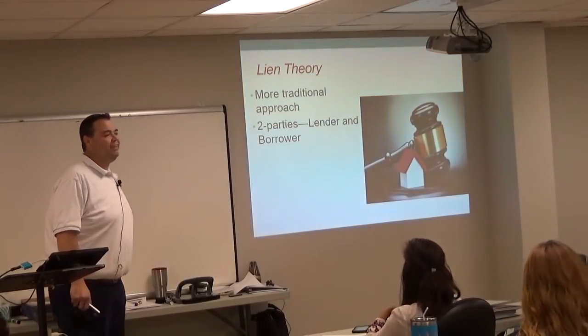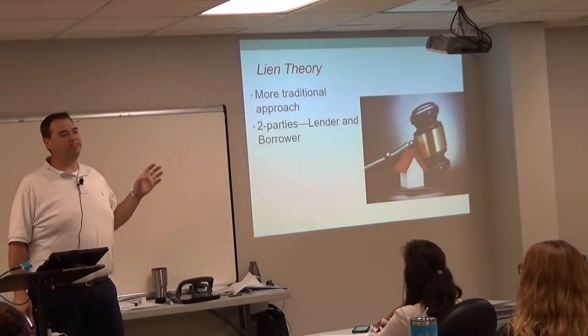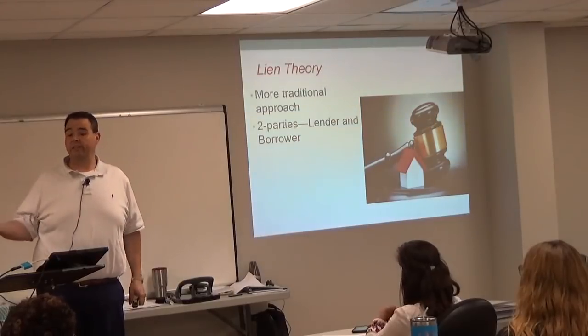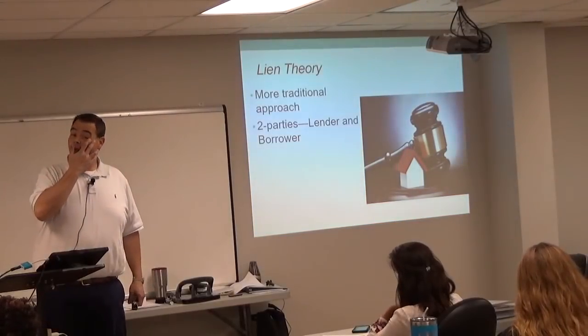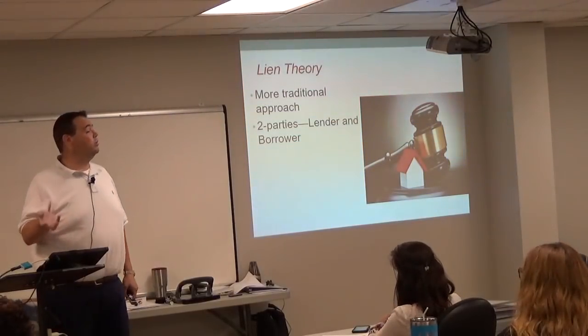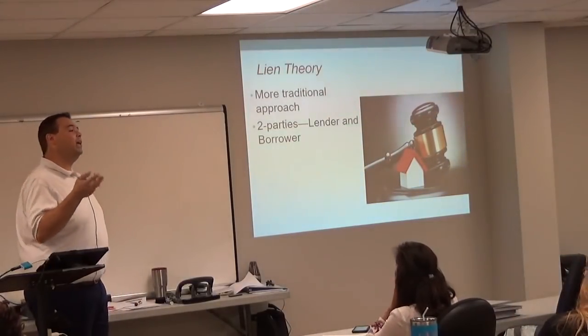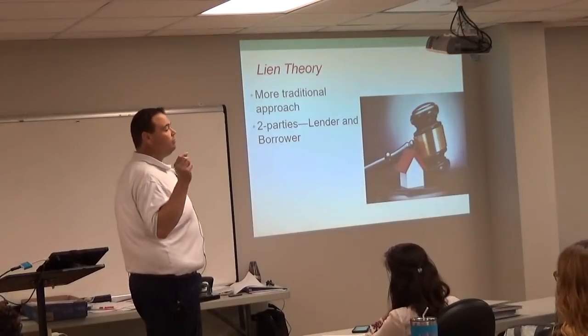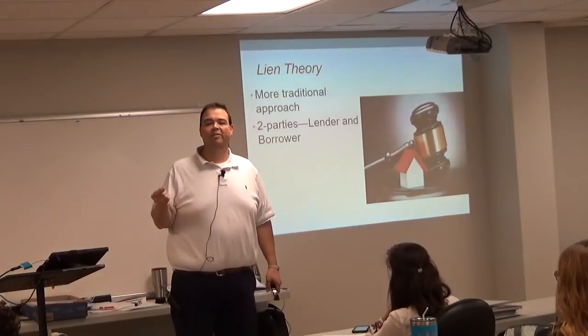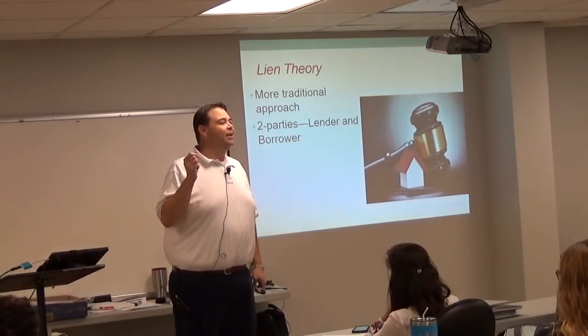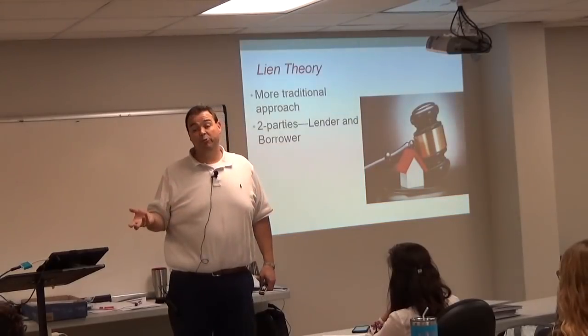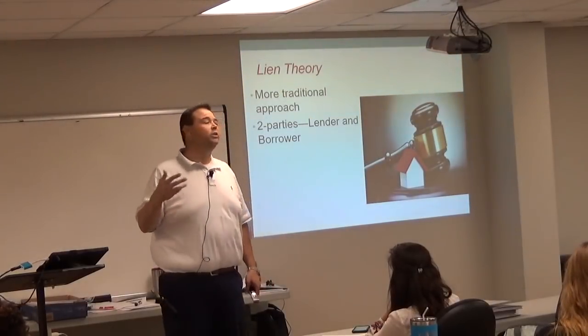So when we talk about lien theory, we only got two parties involved. We got the borrower and we got the lender. Now, that's really simple to understand. The problem is that when you only have two parties, like any contract that only involves two parties, if there's ultimately a dispute between those two parties, and what would the dispute be?